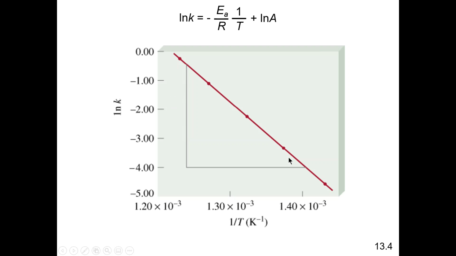Therefore, the slope would be equal to minus EA over R. ln k is the y-axis, 1 over T is the x-axis, and ln A is the intercept on the y-axis. This form of the equation and the plot is very useful because you can use it to determine the activation energy of the reaction and also the frequency factor.